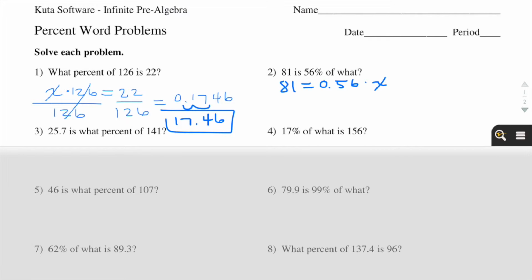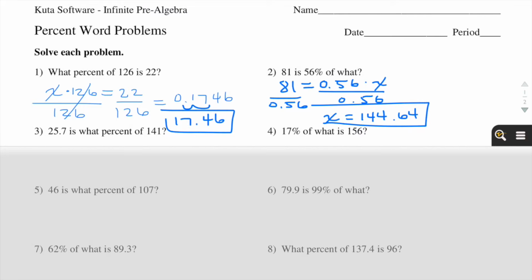So we're solving for x. So let's divide both sides by 0.56. We end up getting x equals 81 divided by 0.56 gives us 144.64. That's our final answer for that one.